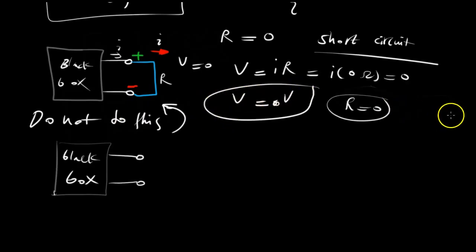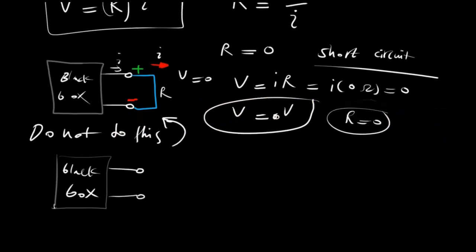What we typically do, when we absolutely don't know anything about what's going on inside the black box, is connect some high resistance just to be safe. For example, some reasonable value would probably be 10K or so.